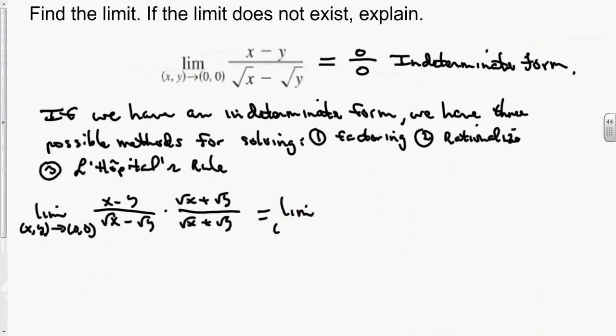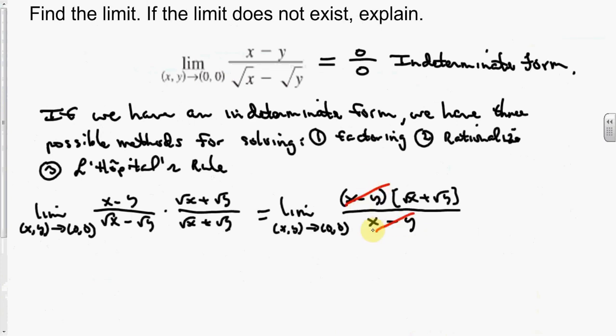The numerator I leave as it is, x minus y times the square root of x plus the square root of y. This is all over, multiply the bottom and fold that out, you end up with x minus y. Now that cancels out with x minus y there.